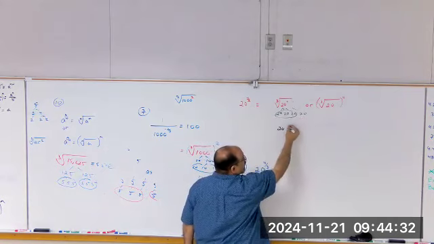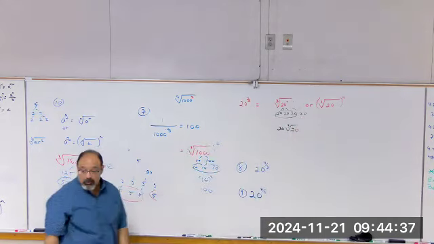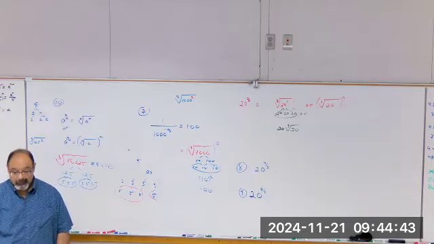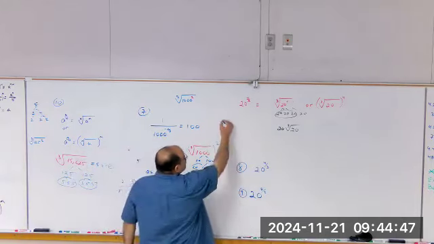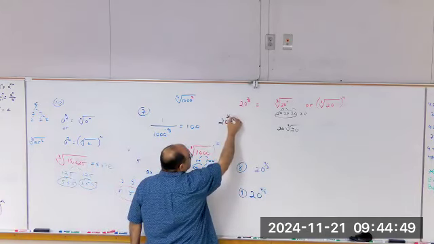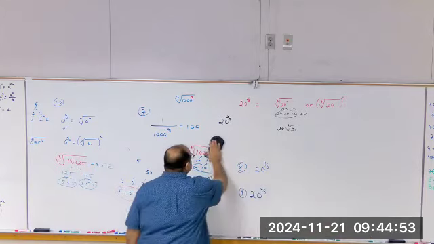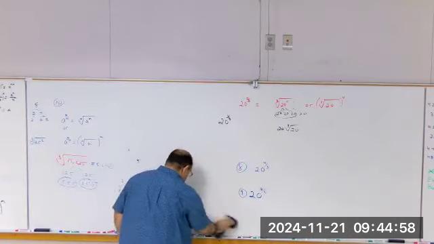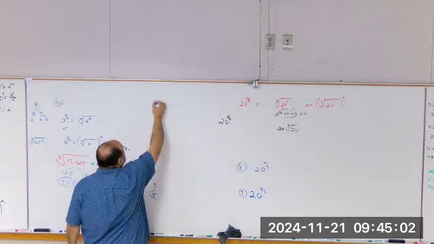There's a 20 left behind in the cube root. 20 cube root 20. To the 4/3.